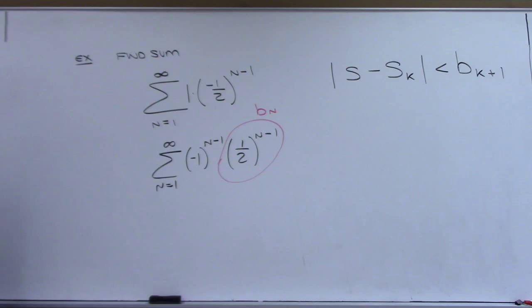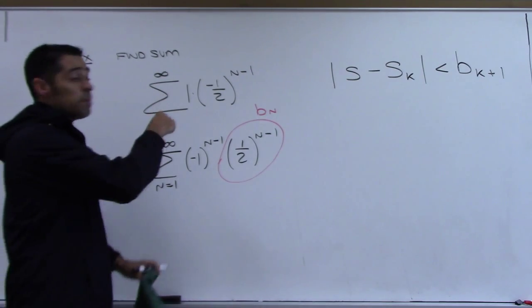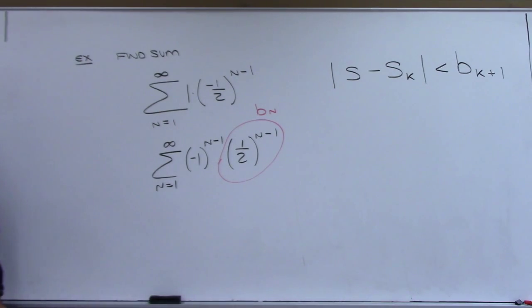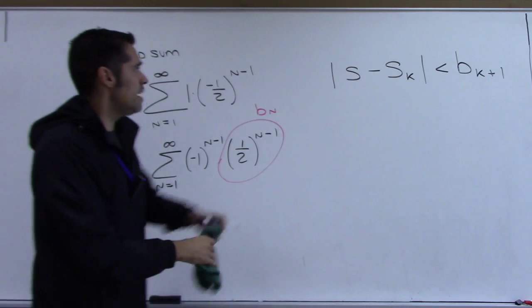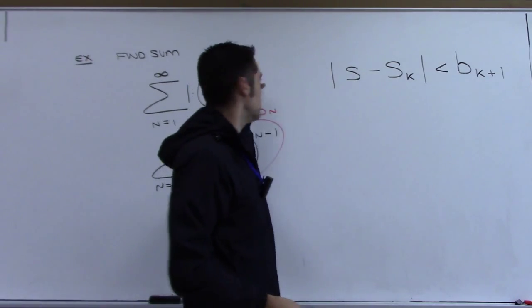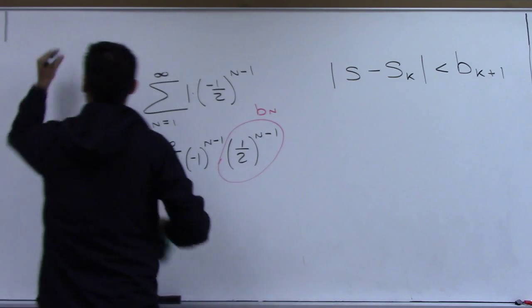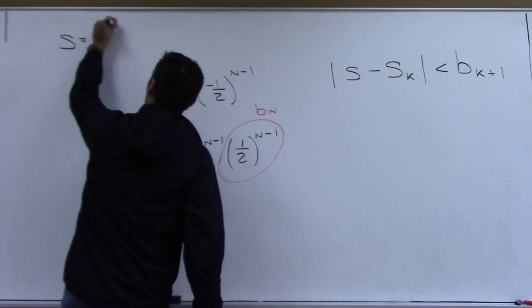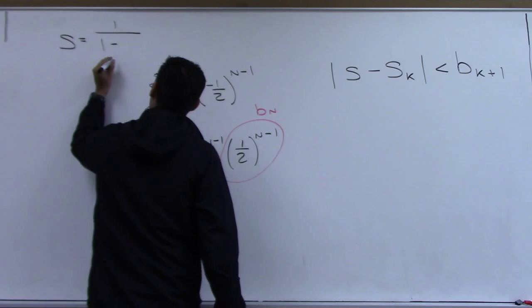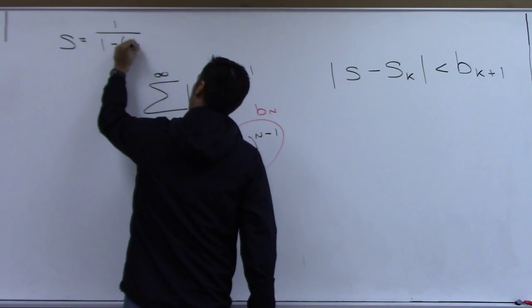Did we find the sum? For this series, we can find it, can't we? It's A over 1 minus R. Should we do that now? Let's find the sum of this series. S for us would be A over 1 minus R, which was what? Negative 1/2.